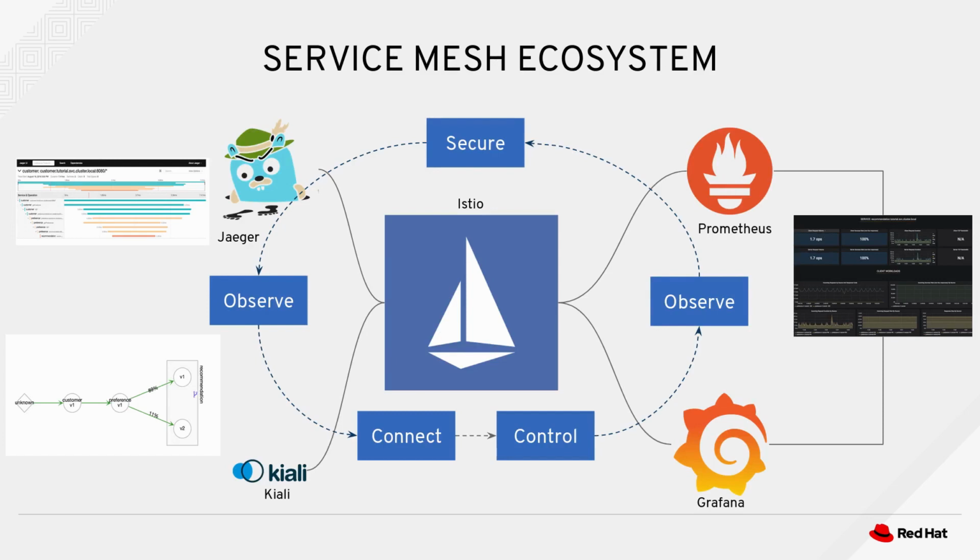So the Red Hat Service Mesh is combined of a number of components. Of course the heart of the system is based on the Istio project, which has been extended with some additional monitoring and observability solutions like Prometheus, Grafana, Jaeger, and the Kiali console.